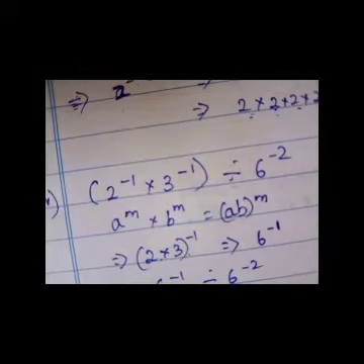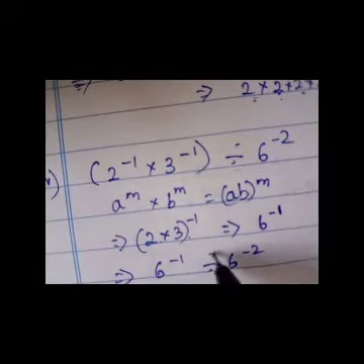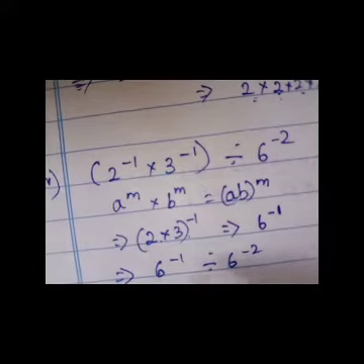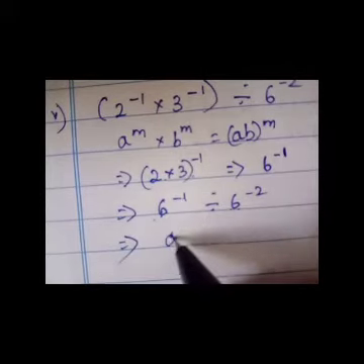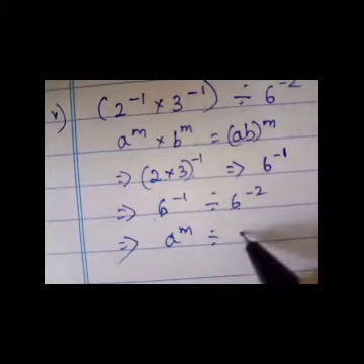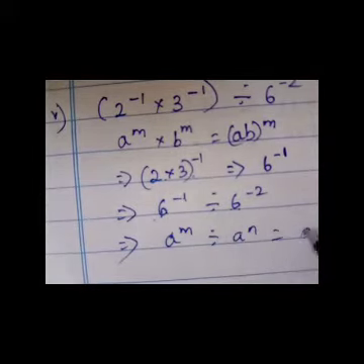Now if you see here, it is the quotient rule because the bases are the same and the powers are different. If bases are the same and powers are different, what will you do? It is the quotient rule, that is a power m divided by a power n, which is equal to a power m minus n.